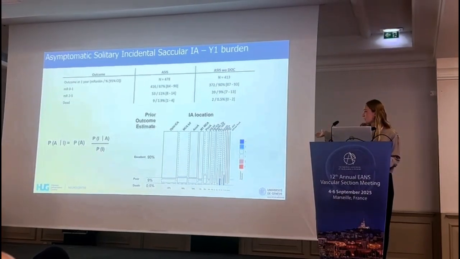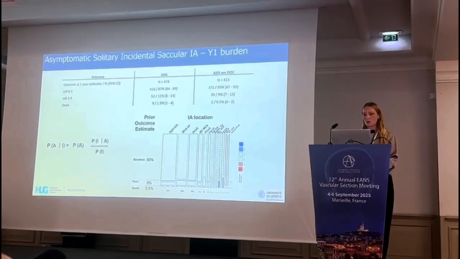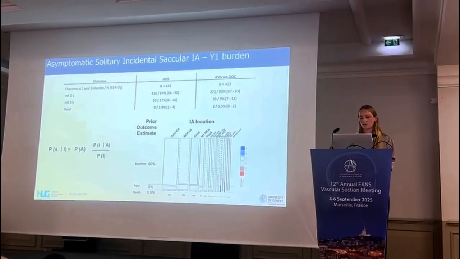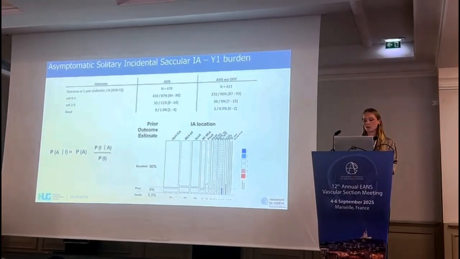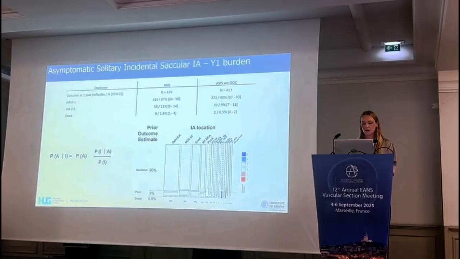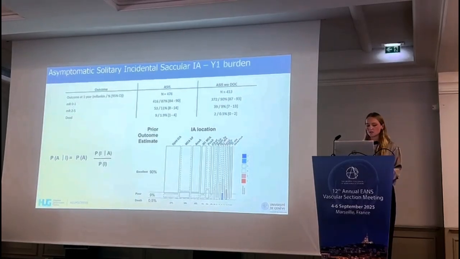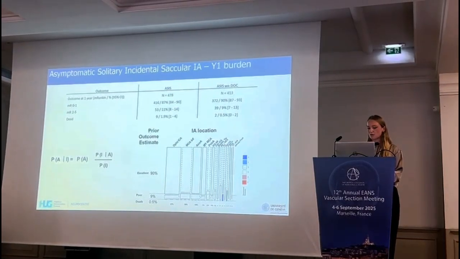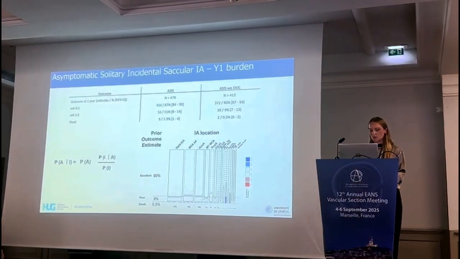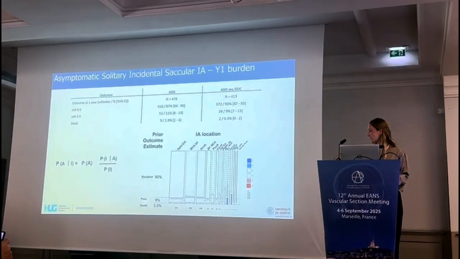So on the right, this is a mosaic plot where the rows represent the prior outcome results, and the columns represent the probability of a patient having an aneurysm in a certain location. The rectangles represent the posterior probability of an outcome given an aneurysm in a particular location. So you can see that there are variations.